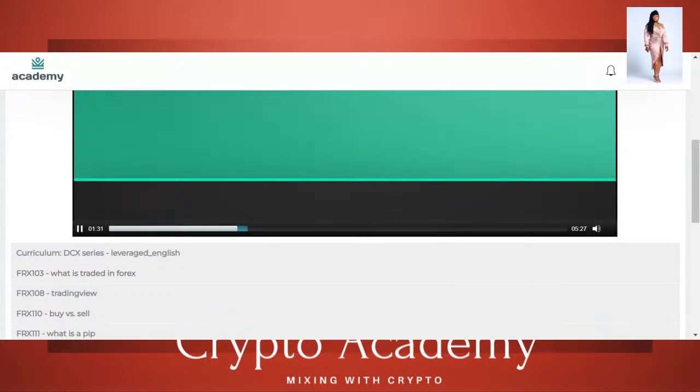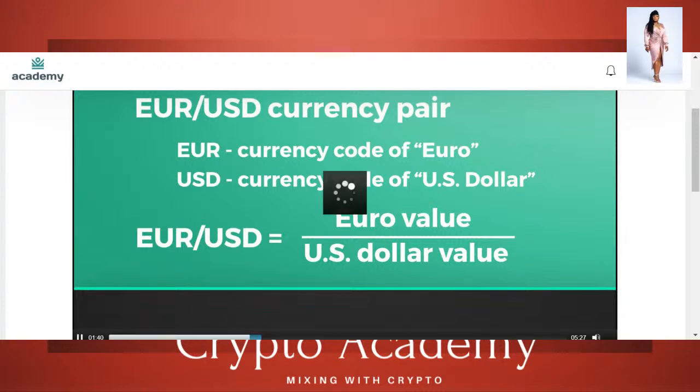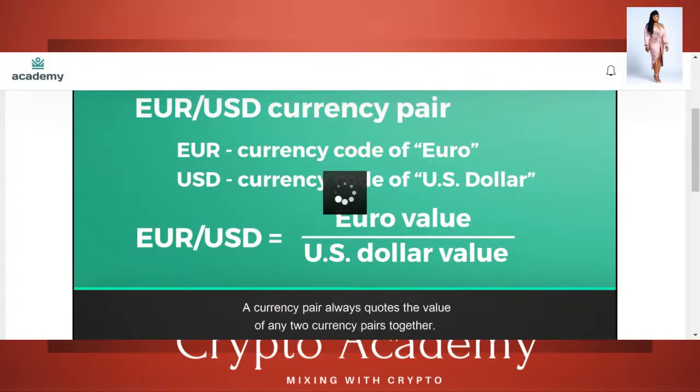The EUR USD means it's the euro value being quoted against the US dollar. A currency pair always quotes two currencies together.